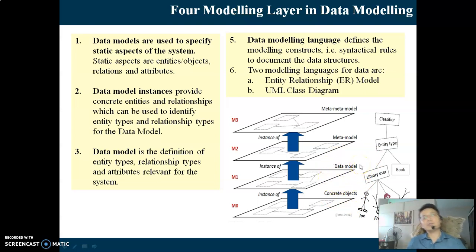And the data model can be recorded using certain notation. We're going to study 2 modeling languages, which are Entity Relationship Model and UML Class Diagram. Let's begin with Entity Relationship Model.